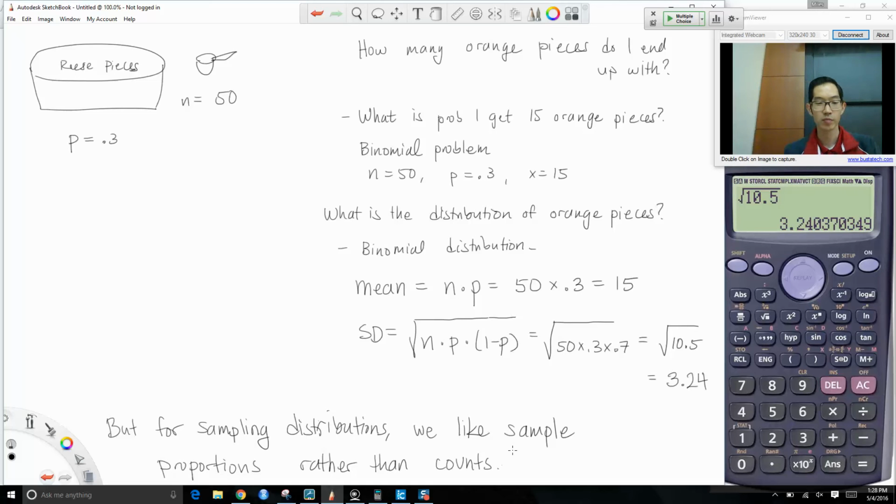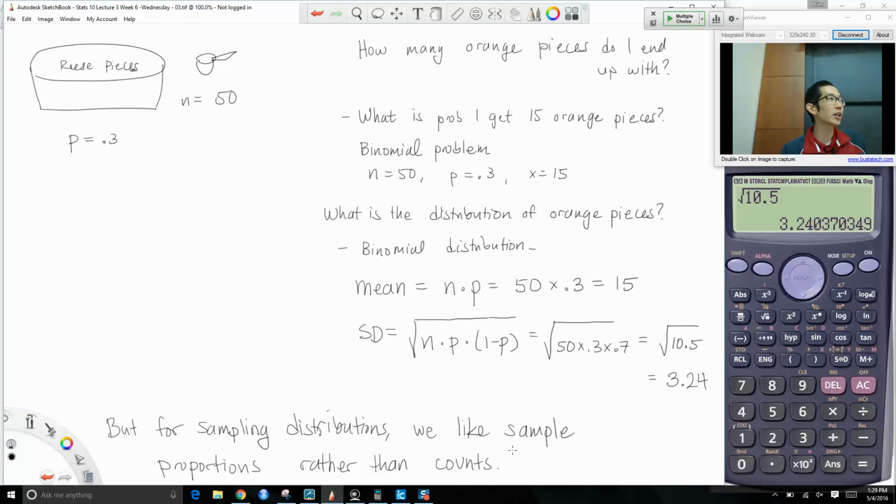Okay, so what is the step to go from a count to a sample proportion? If I have 15 pieces that are orange and I want to turn that into a proportion, what do I do?